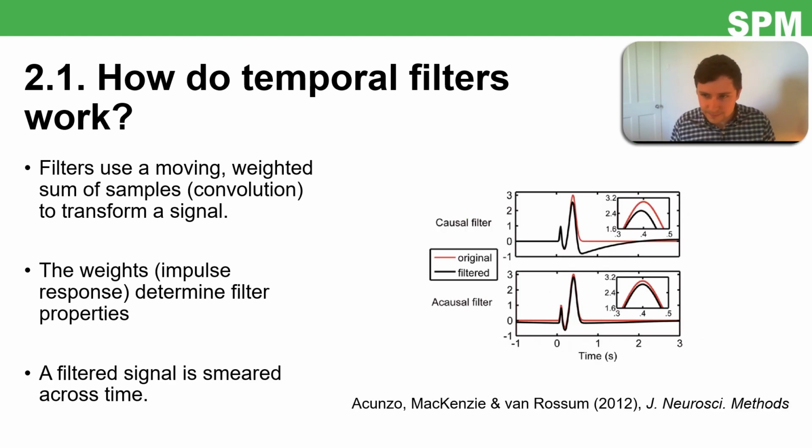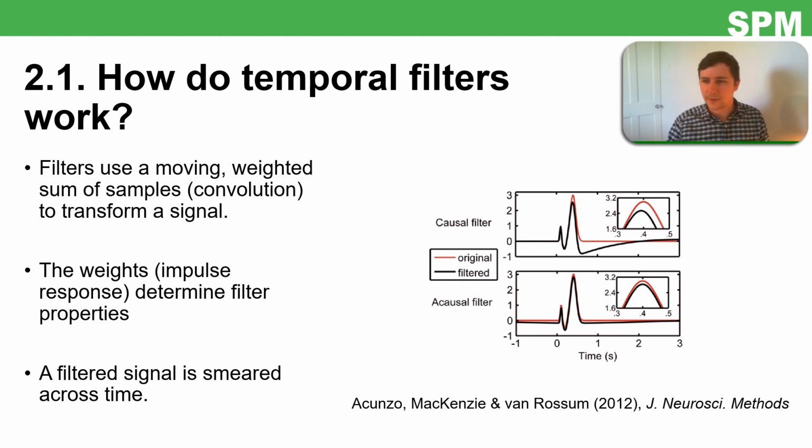Anyway, as I say, the signal is now smeared across time, and that means that the exact type of filter and the way it's done can affect the timings of, say, the peak of an ERP. So in this nice figure from Akunzo and colleagues, you can see that in the original data, in the red, the peak is slightly ahead in time.